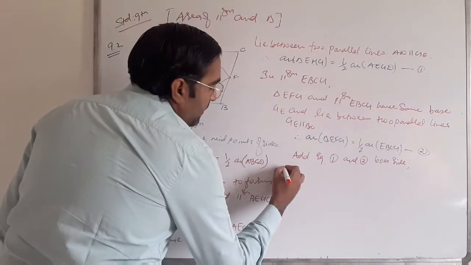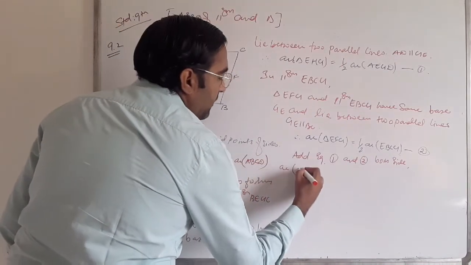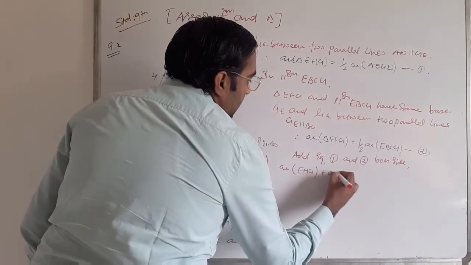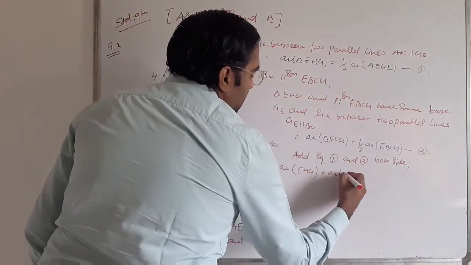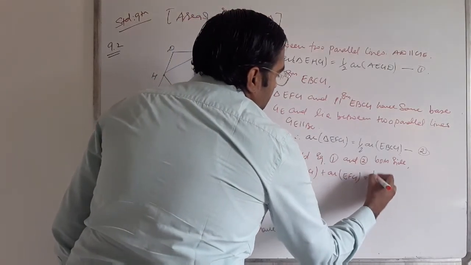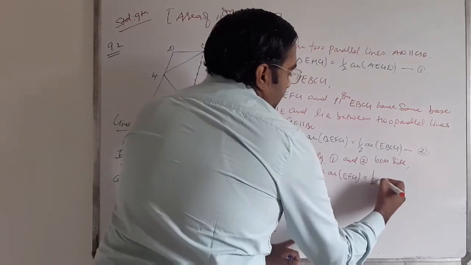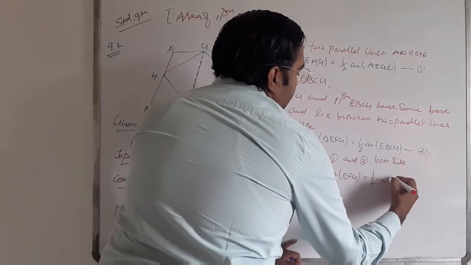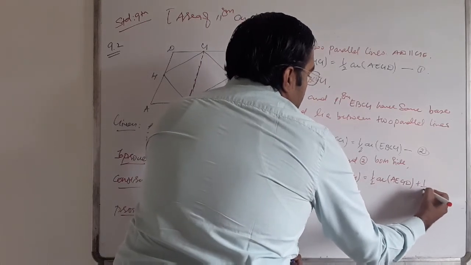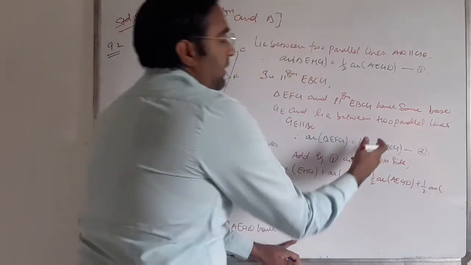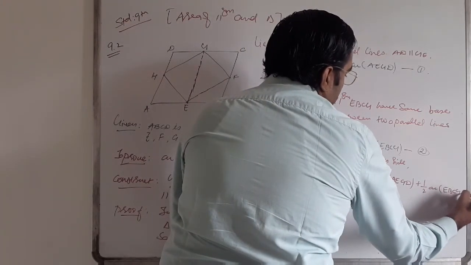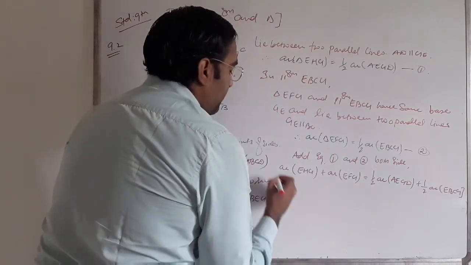So therefore area of EHG plus area of EFG is equal to half of area of AEGD plus half of area of ABCG. Clear?